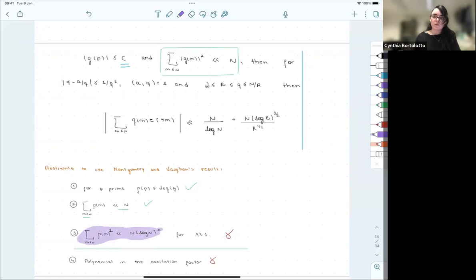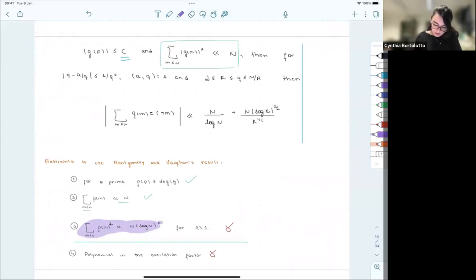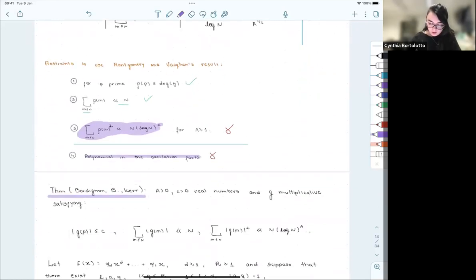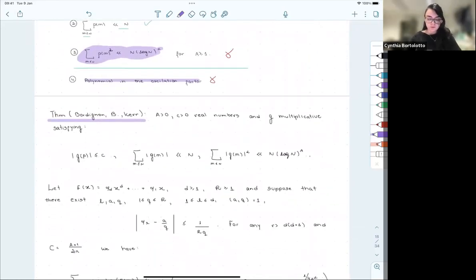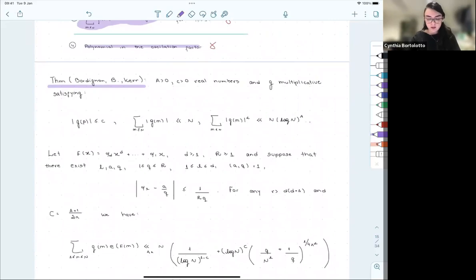So we can add any power of log, and then we can also change this alpha n to any polynomial in the oscillation factor. So that's what we did.